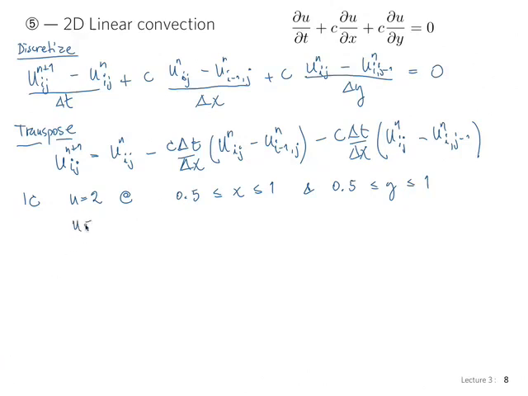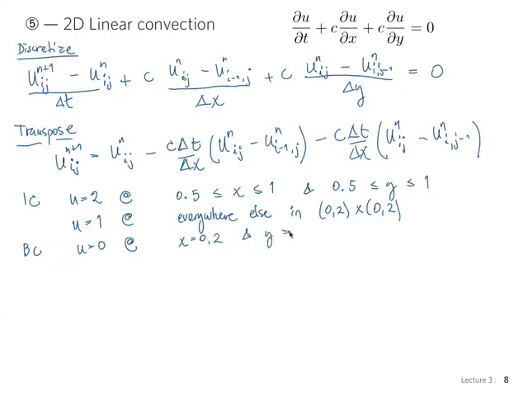Then u is going to be equal to 1 everywhere else, but we're only looking at the domain 0,2 times 0,2. Your boundary conditions are u equal to 0 at x equals 0, 2 and y equals 0, 2.